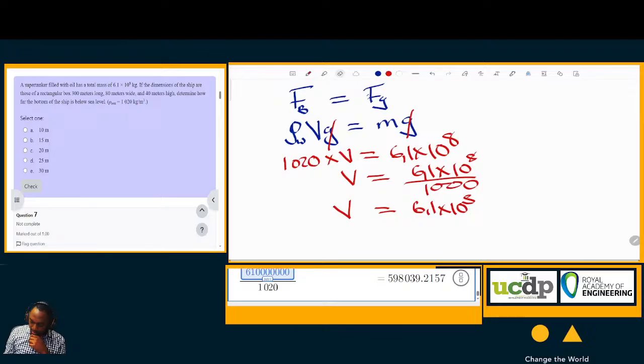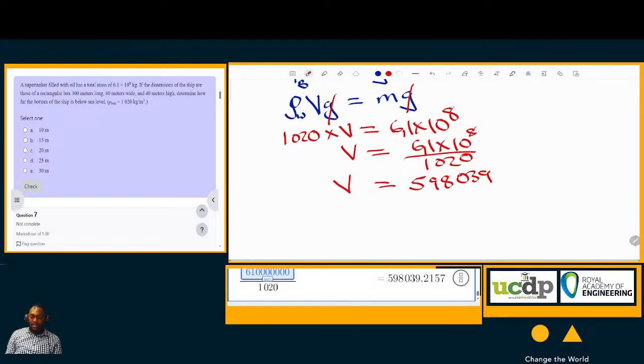It's a bit more dense compared to fresh water. So obviously this value changes to 598,039. Okay, so here's the volume that has been displaced, right?